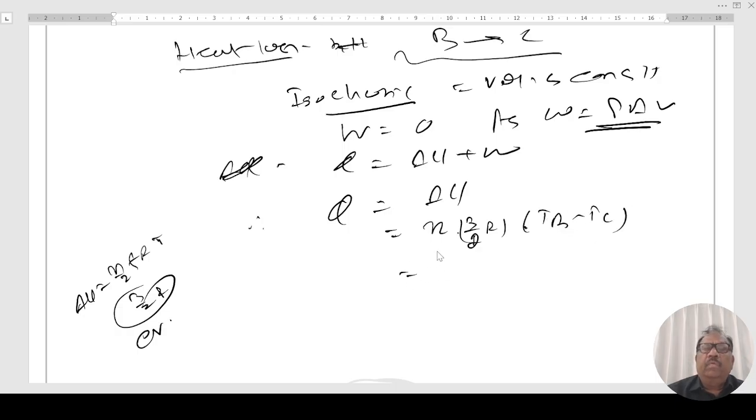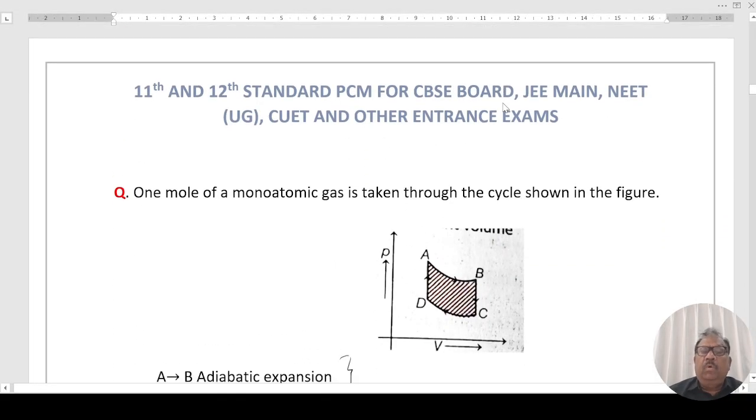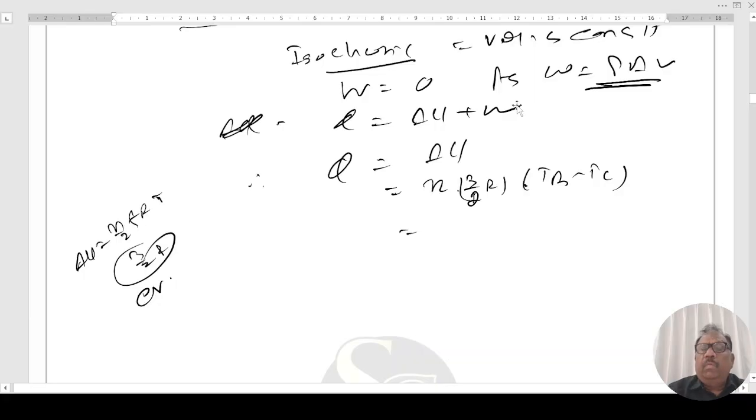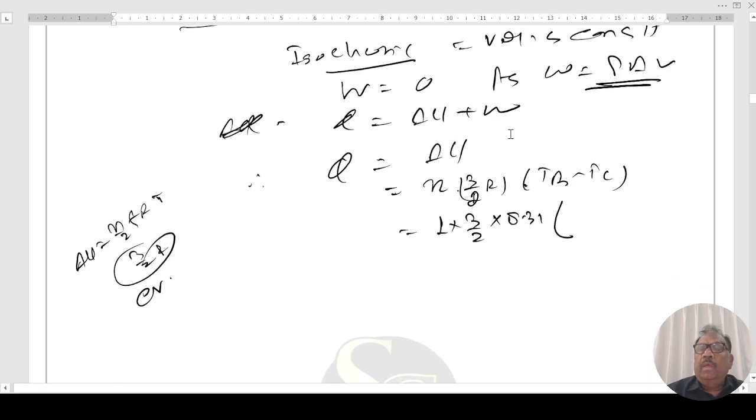Here n is 1 mole of gas in B to C. So n is 1 mole into 3 by 2 R, R is 8.31 into (Tb, which is 850, minus Tc). How to find Tc?